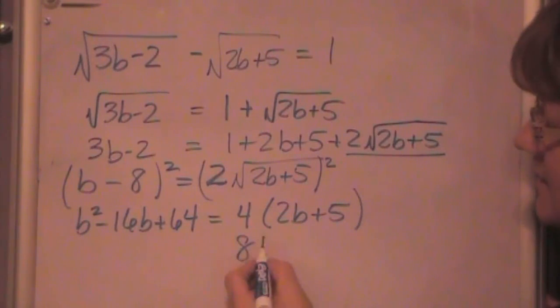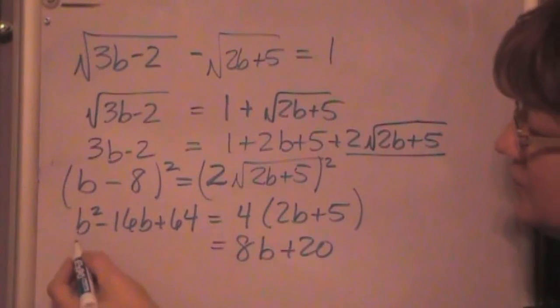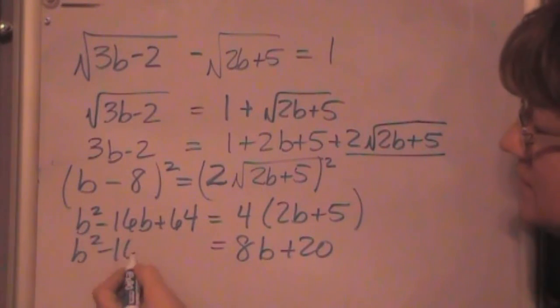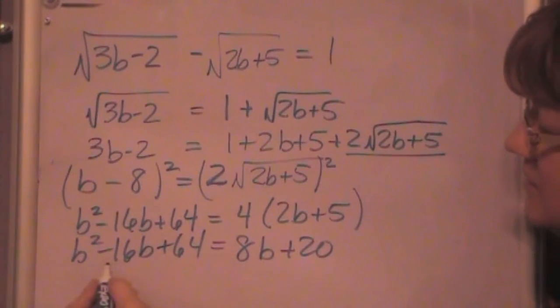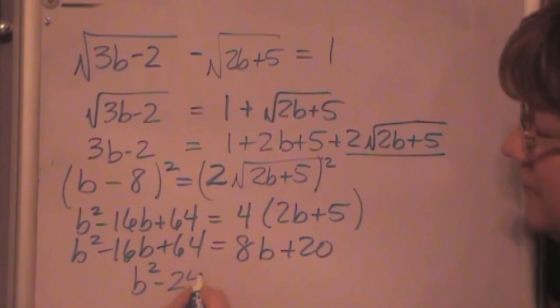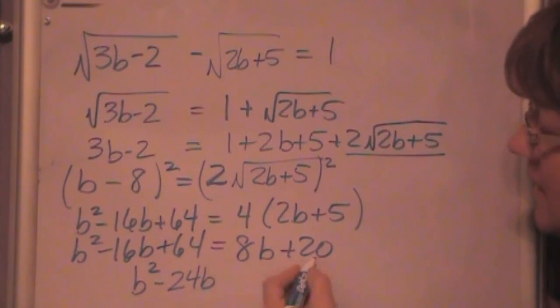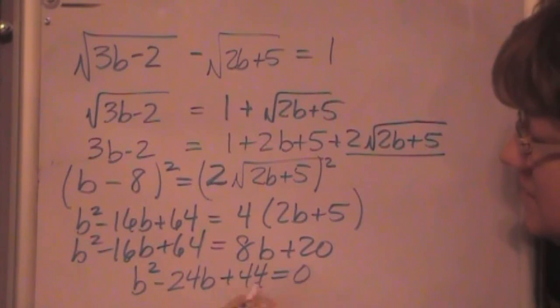Now I have 8b plus 20 over here is equal to b squared minus 16b plus 64. And now I'm going to get everything on the other side. So I have b squared minus 24b plus 44 equals 0.